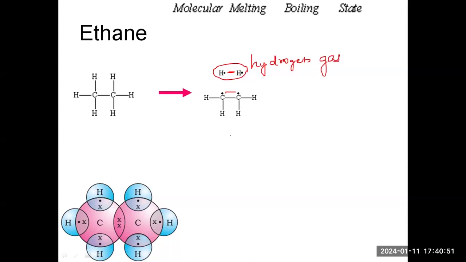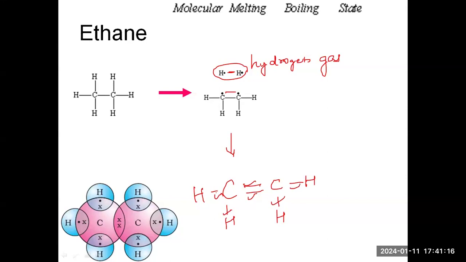And this molecule becomes something like this: carbon, double bond, carbon, with hydrogen, hydrogen, hydrogen, and hydrogen. So now you can check the valency for carbon. It has four. One, two, three, four. One, two, three, and four.